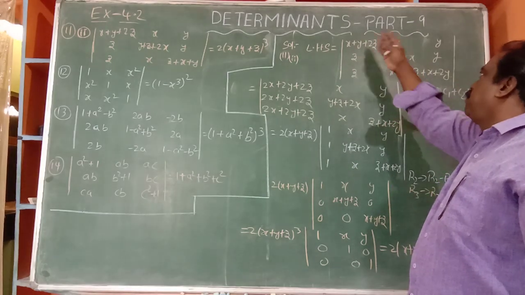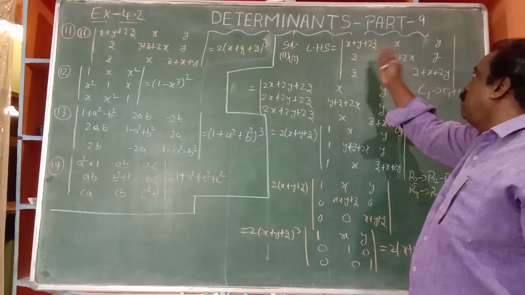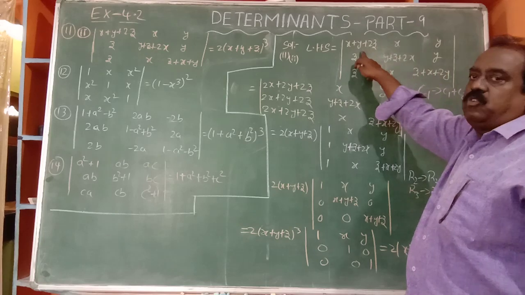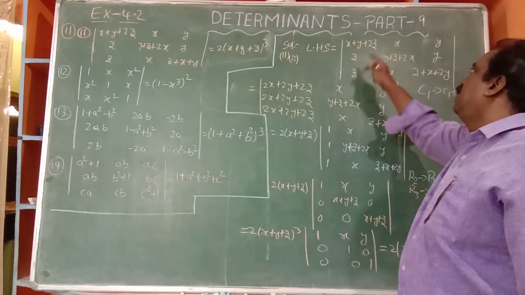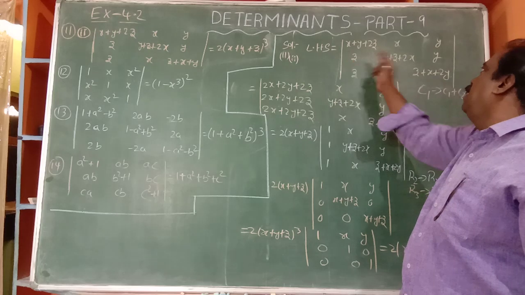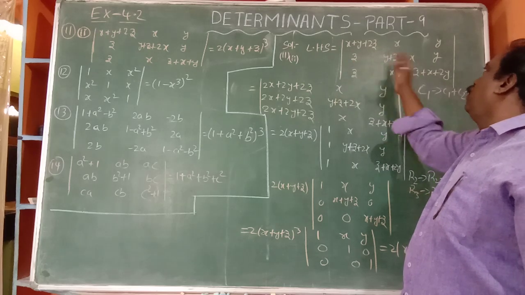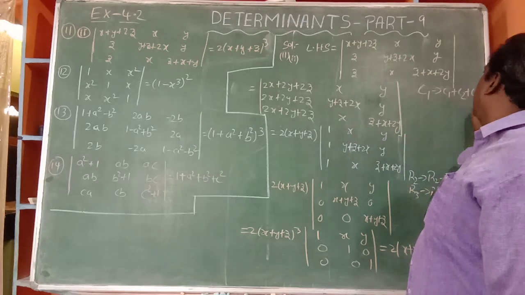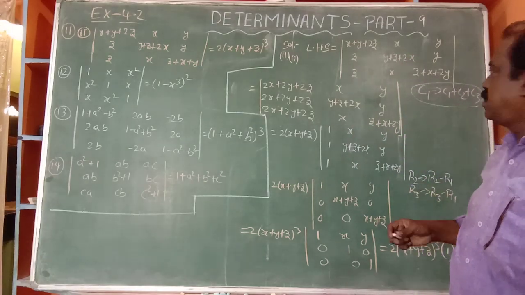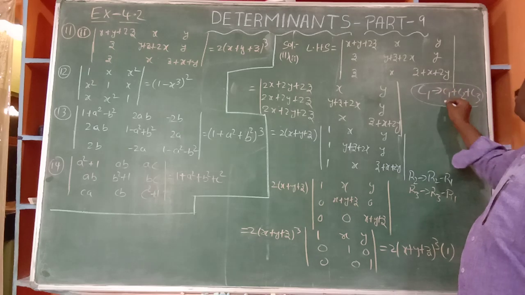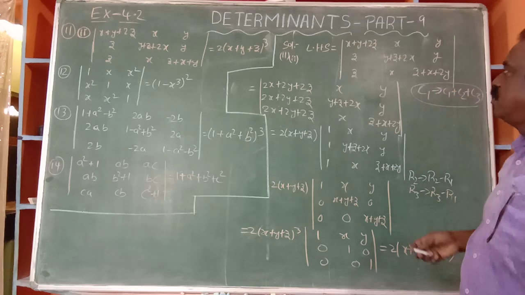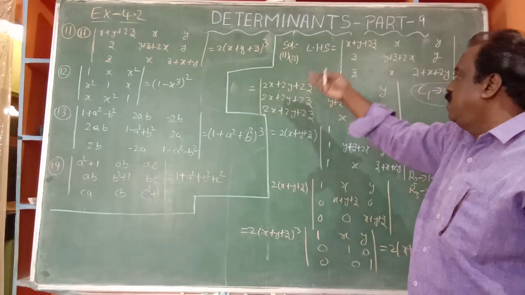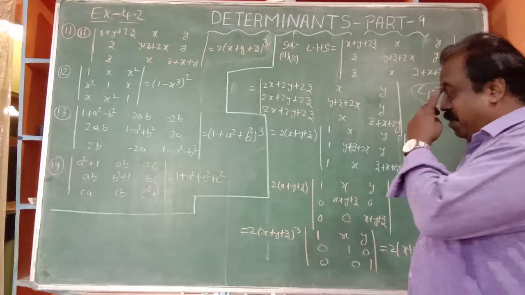If you add for C1, C2, column 1, column 2, it will become 2x. Column 3 becomes 2y. So 2x, 2y, 2z. Here also if you add z, 2z, 2x, y plus y, 2y will come. Okay now? So applying C1 as C1 plus C2 plus C3, then it will become 2x plus 2y plus 2z in all the 3 elements.